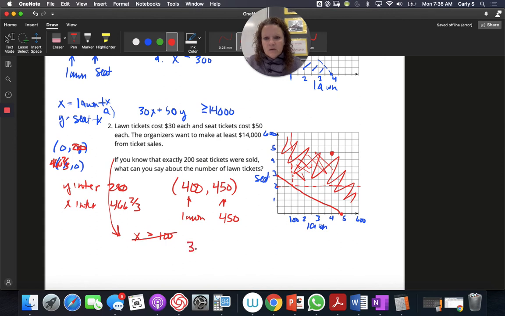So 30x plus 250 times 200 is greater than or equal to 14,000. $50 times 200 is 10,000.